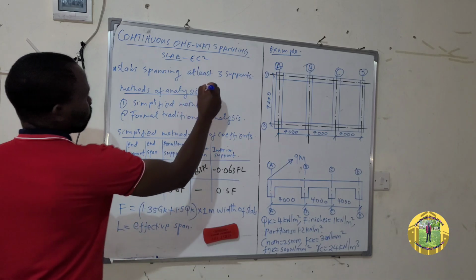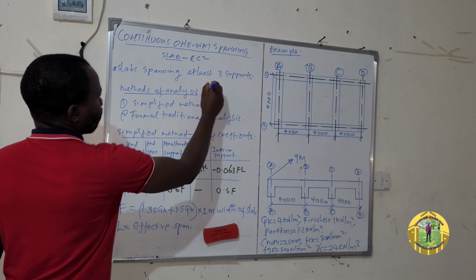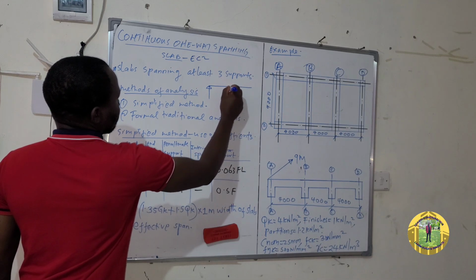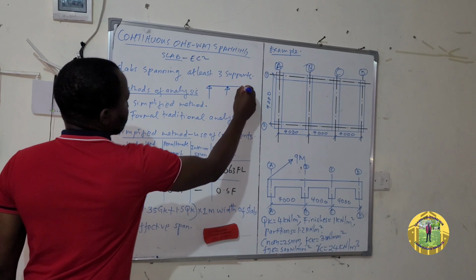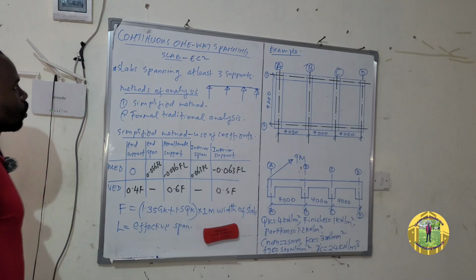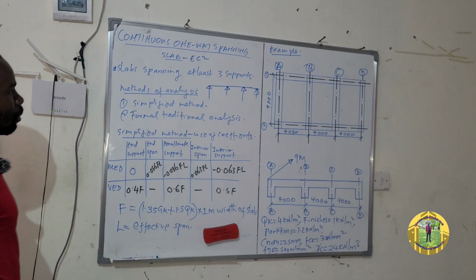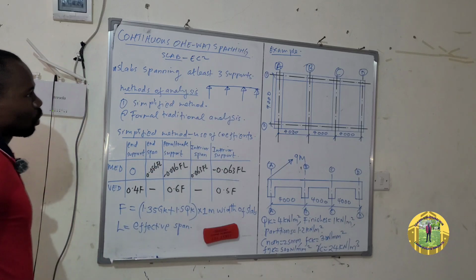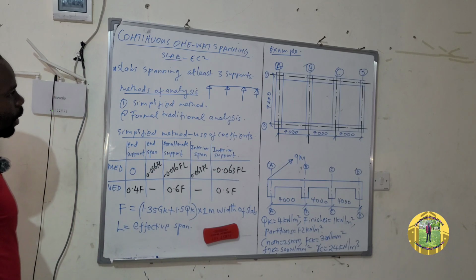For example, if you have a slab like this one, which is resting on more than 3 supports, then automatically this is what we call a continuous slab. This is the same as a continuous beam, so it is designed the same way as continuous beams.